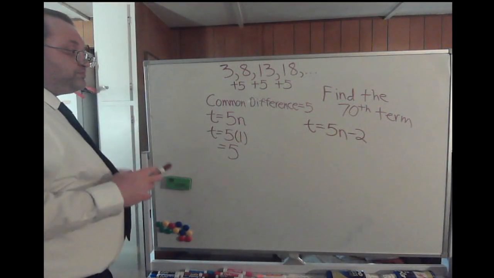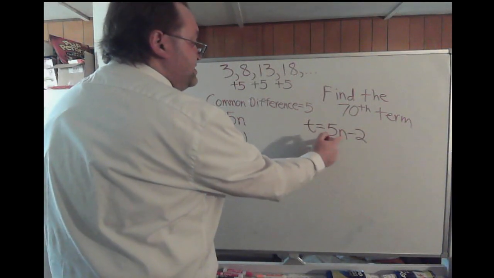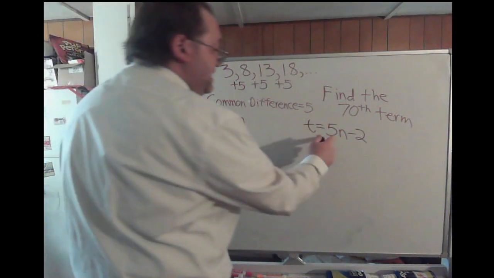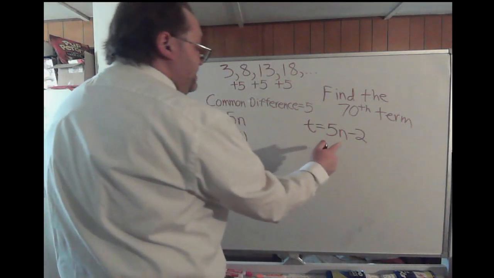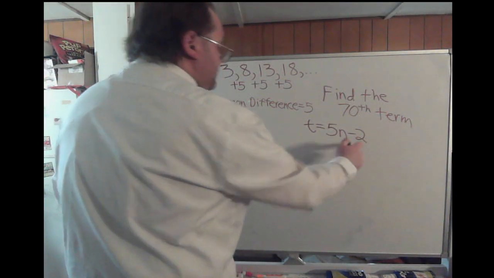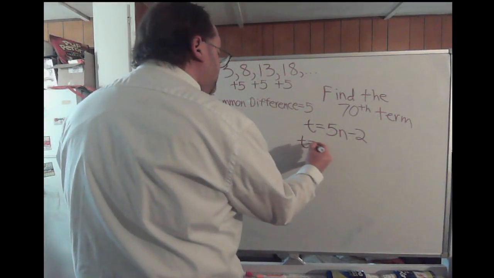So what you gotta do then is the term, then you always the common difference times the number of the term you're on. In this case, the common difference is 5 times the number of the term n. Then you have all that minus 2. Now we can proceed to find the 70th term.